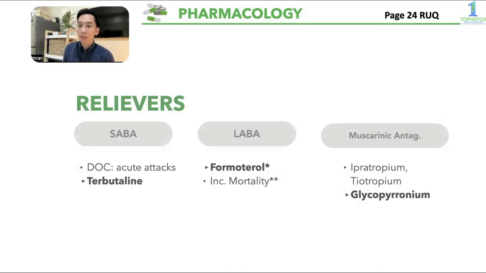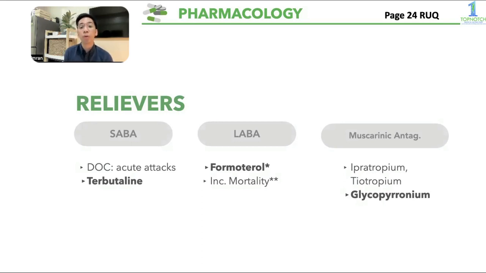Okay. So, we also use your muscarinic antagonist as a reliever kasi 'di ba if you recall, if you inhibit your muscarinic receptors, particularly yung tropium compounds natin, yung mga family ni atropine, di ba? Atropine, if you remember, dry as a bone, di ba, mga ganon. So it decreases the secretion. It also causes bronchodilation, no?